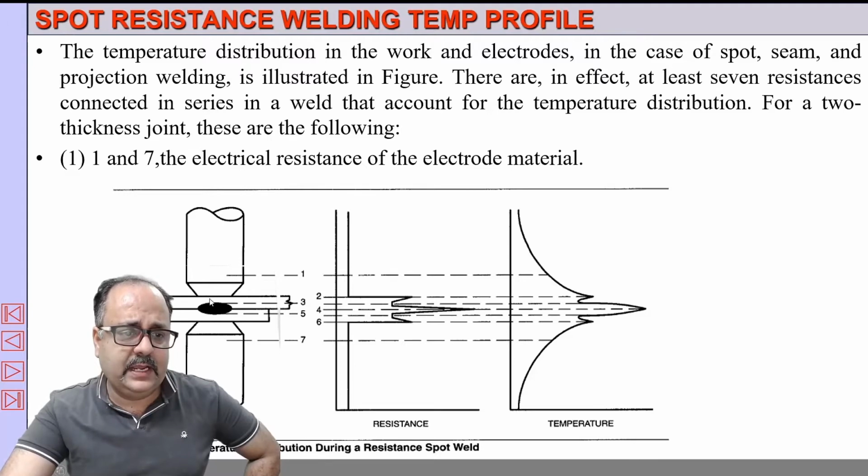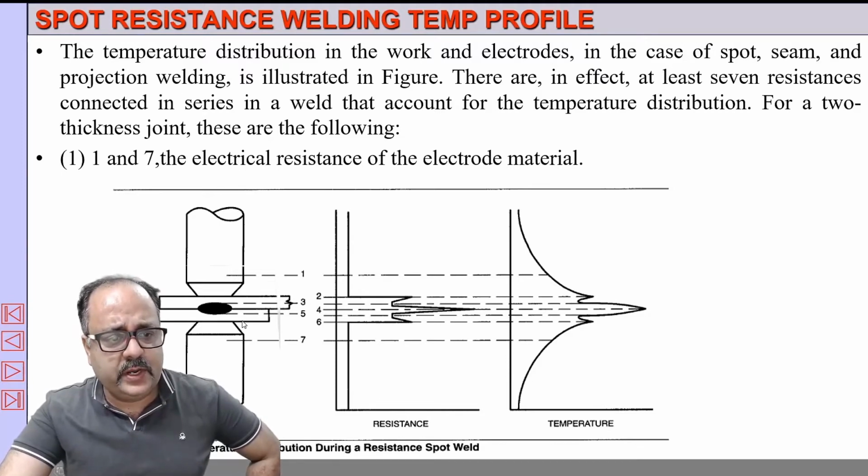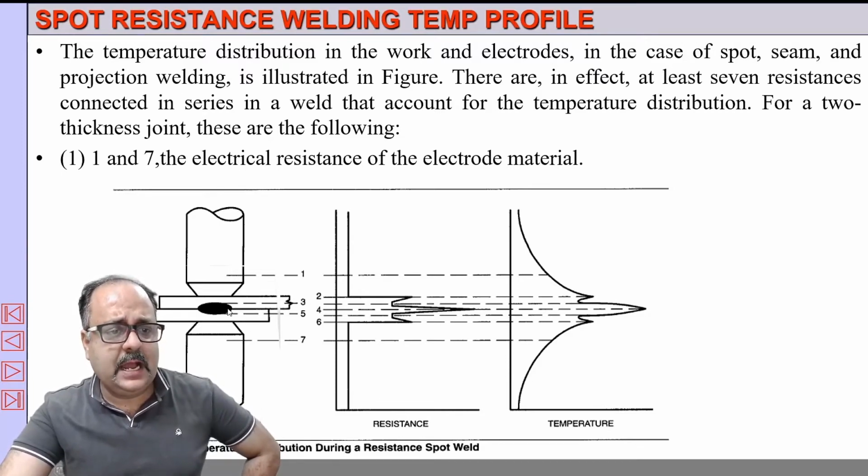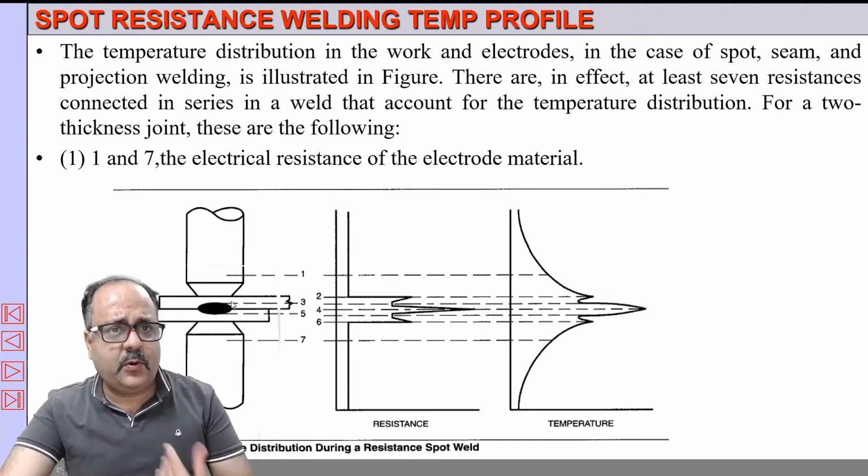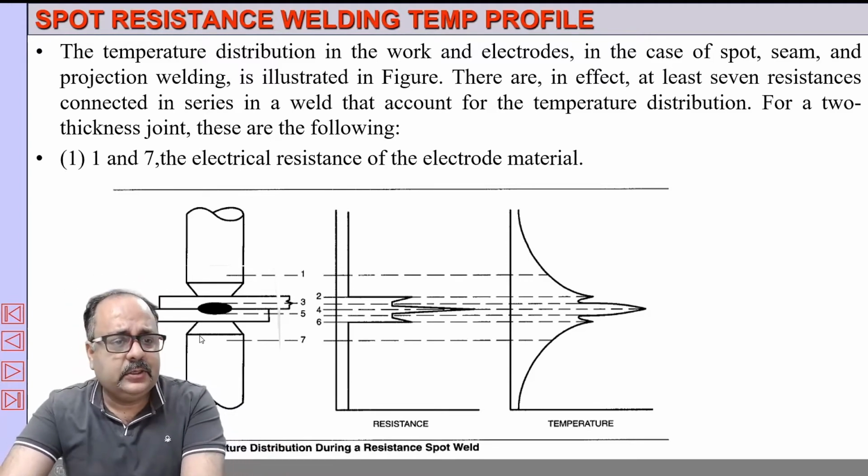By that formula, heat will be generated, and it will be maximum at junction 4. Under the pressure the weld will be completed and you form a weld nugget.